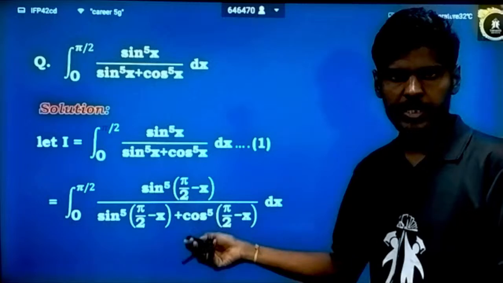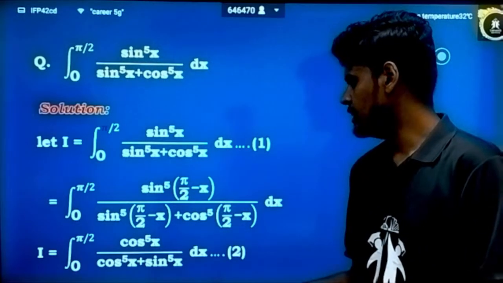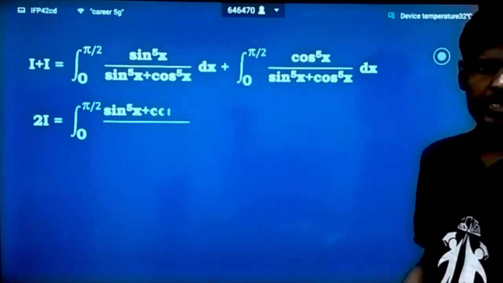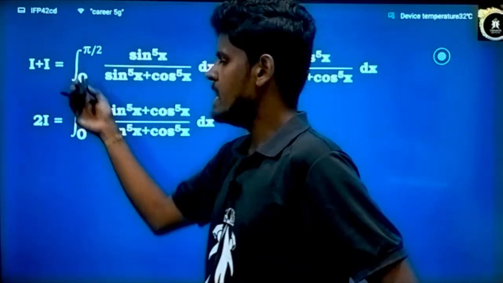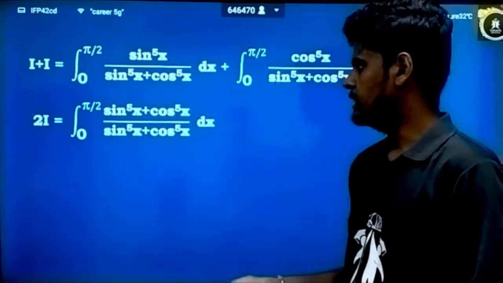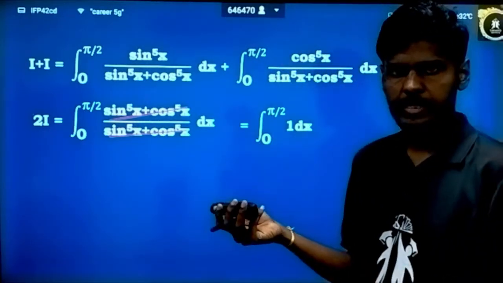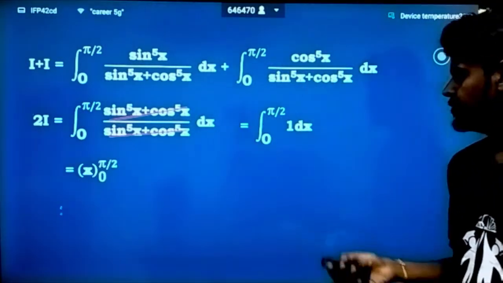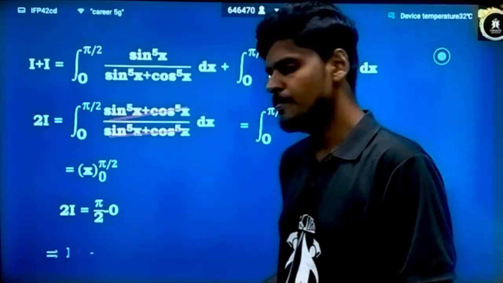Then the numerator will become cos, and the denominator will be the same as the question. When we add these two, that is the critical step. Always we have to add for such properties. When we add these two, the numerator and denominator get cancelled, and this is nothing but the integral of dx, which is x, and applying the limit gives pi by 2. So 2I is equal to pi by 2, which means I is equal to pi by 4.